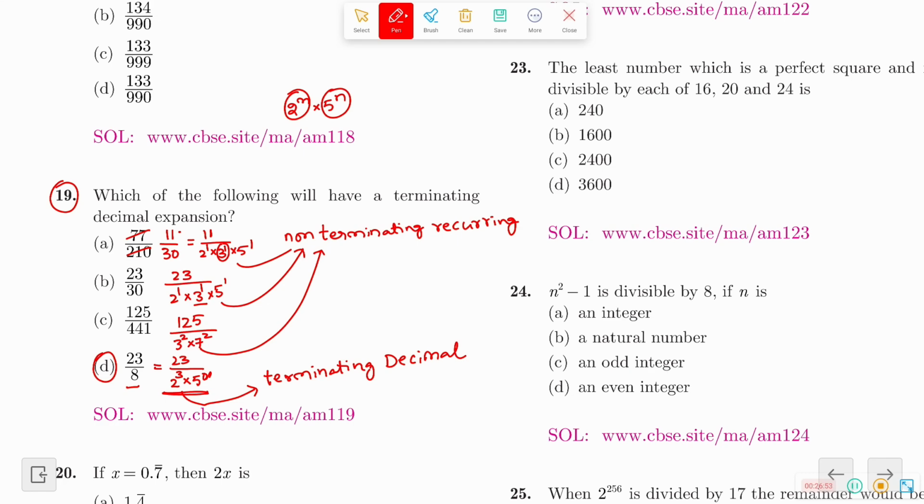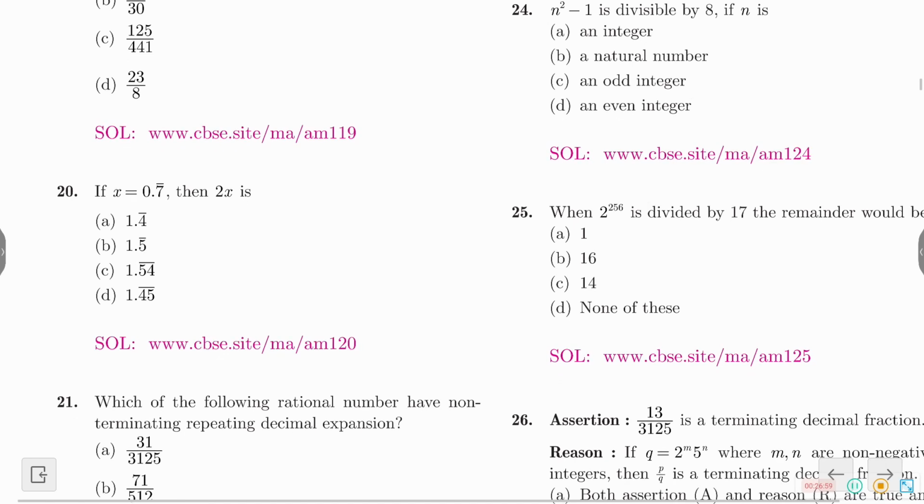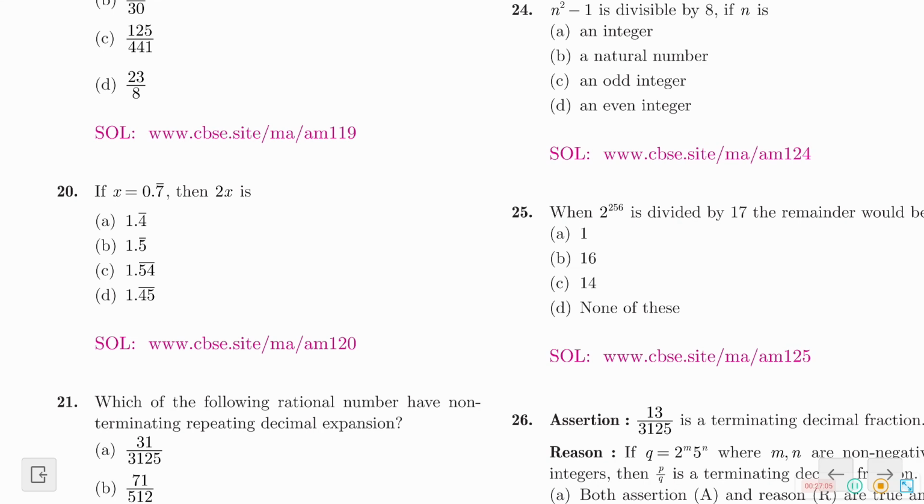Hope you understood this. Now question number 20. x is given, and we have to find out 2x. So x is equal to 0.777777, and so on.